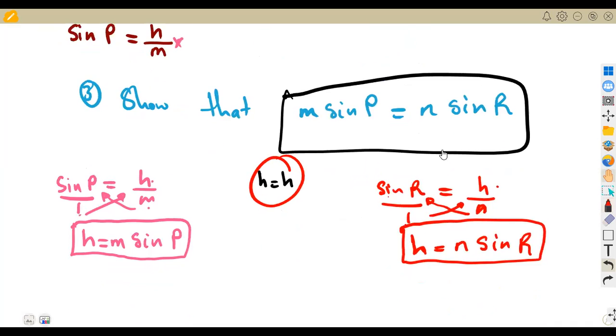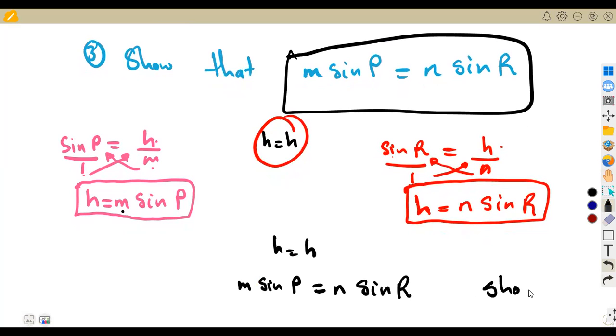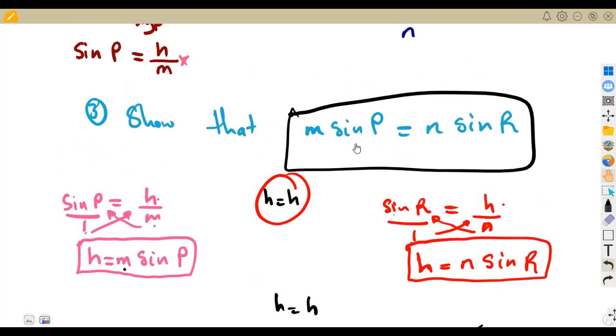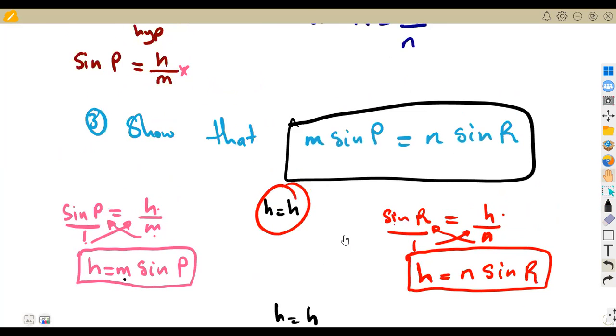It can't be that there's an H there, and another H, and they're not equal. It's impossible. So if this H is equal to another H, it means M sine P must be equal to N sine R, which is proven, or you can just say shown, because they said you must show this. So that is how you could have shown that M sine P is equal to N sine R, just like that.